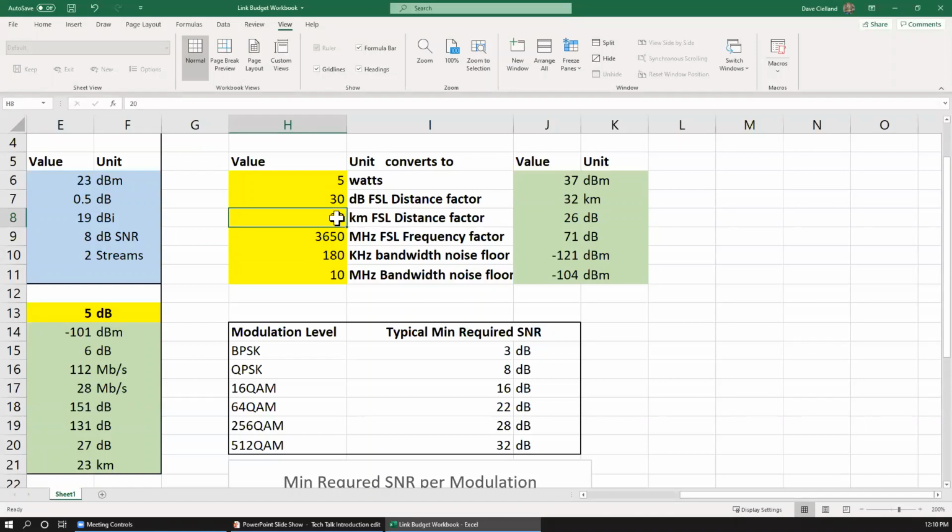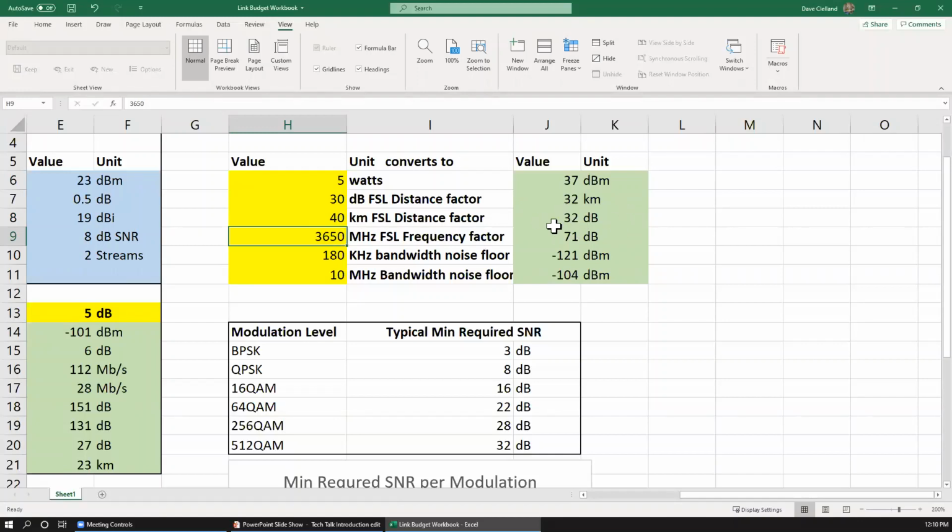If I make this 10 kilometers, it's 20 dB. So it changed by 6 dB. So half the distance, 6 dB less loss. If I go to 40 kilometers, then I'm going to be at 32, which is 6 dB more than what I was at 20. And so there's my 6 dB relationship there.